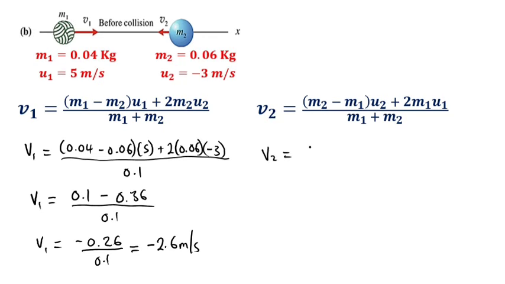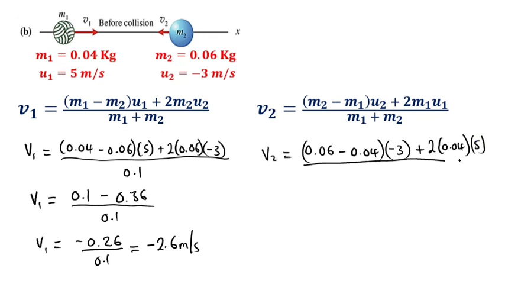Mass 2 is 0.06 minus mass 1, which is 0.04. This is multiplied by the initial velocity 2, which is minus 3, plus 2 times mass 1, 0.04, times initial velocity of 1, which was 5. This is divided by the sum of the masses, which is 0.1.